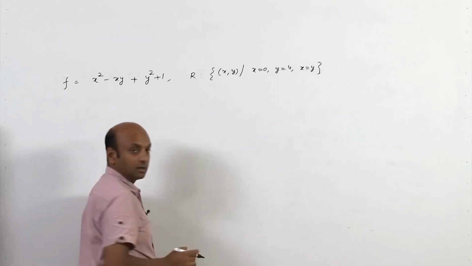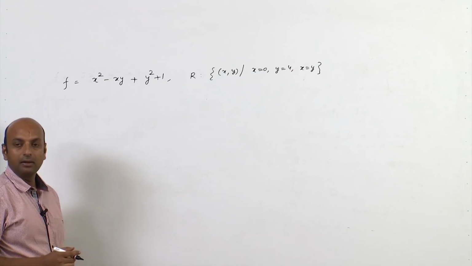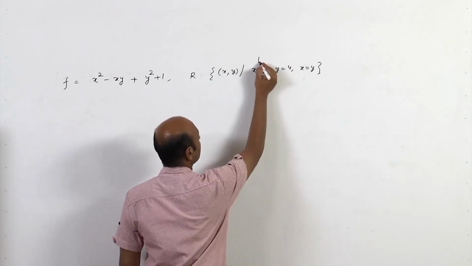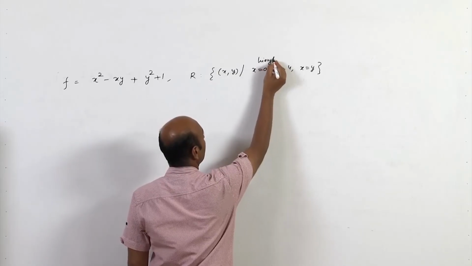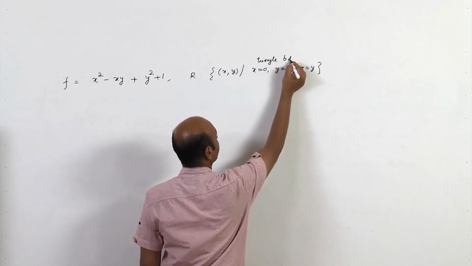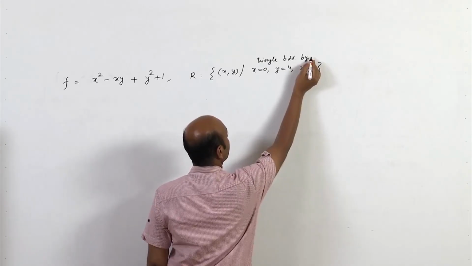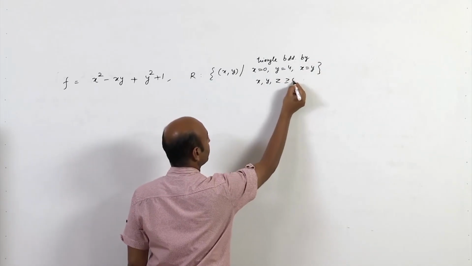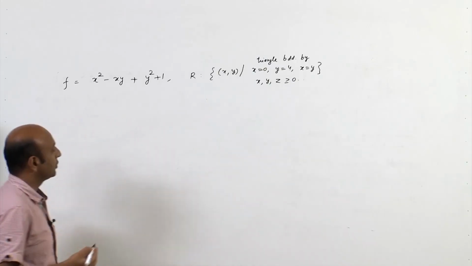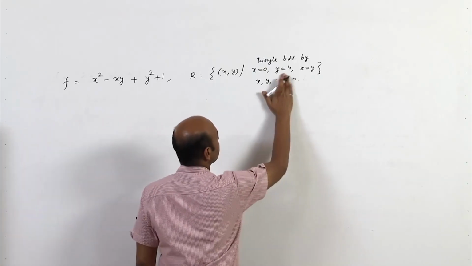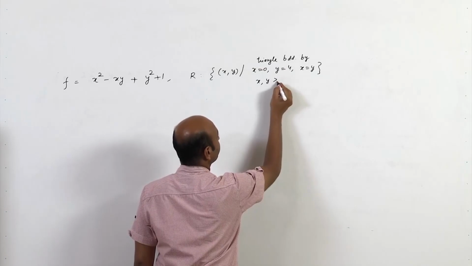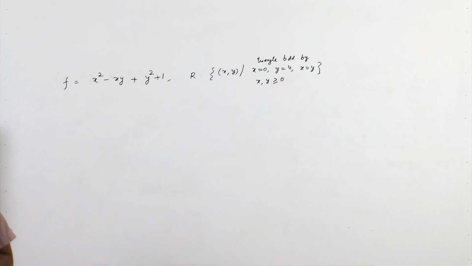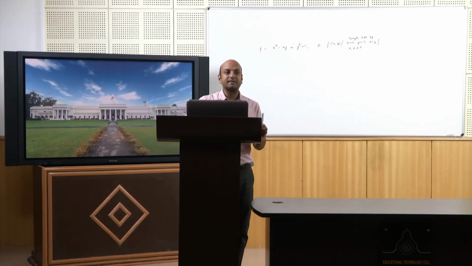That means a triangle bounded by these 3 lines, lying in the first quadrant, so x, y must be non-negative. That is a closed triangular plate in the first quadrant bounded by these 3 lines.